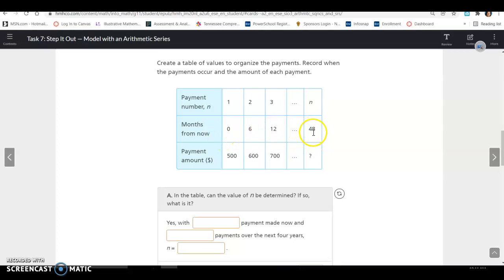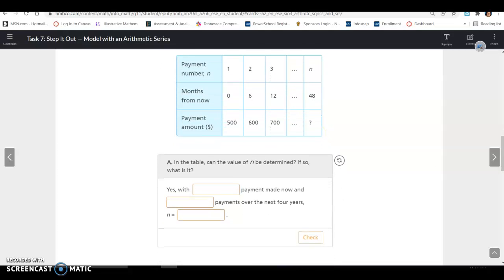Now, why do they have 48 as the number of months? If you think of 4 years of college, 4 years is 12 times 4 or 48 months. So that determines the end of your 4 years of college. It says in the table, can the value of n be determined? If so, what is it?